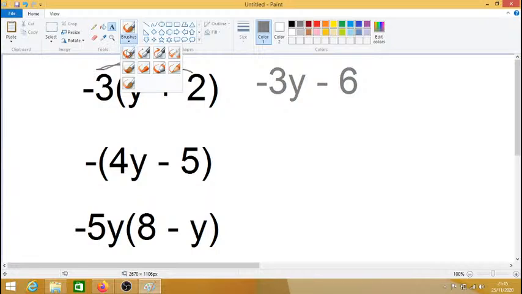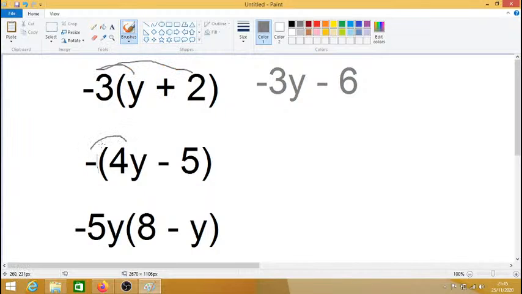Next one, a minus on the outside. If it's easier, you could think of that as a minus 1. With a bit of practice, you won't have to put that 1 in there, but just to start off with, think of that as a minus 1.